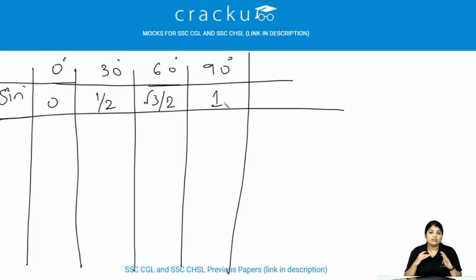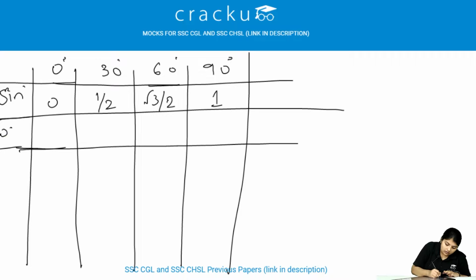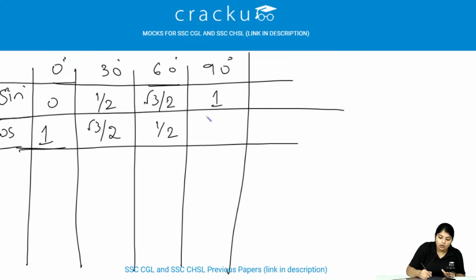Just remember these 4 values. You can derive every other value from them. Now let's see for cos. Cos is just reverse of sine. Cos 0 is 1, cos 30 is root 3 by 2, cos 60 is half and cos 90 is 0.